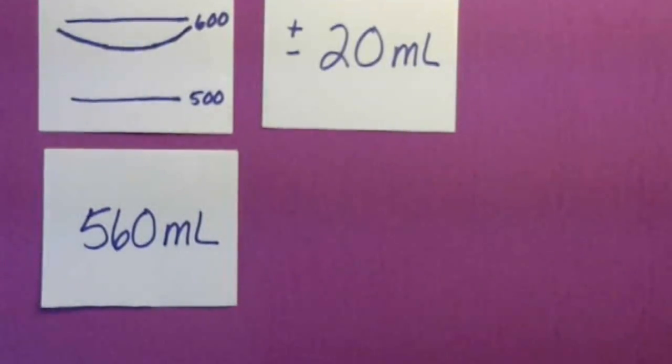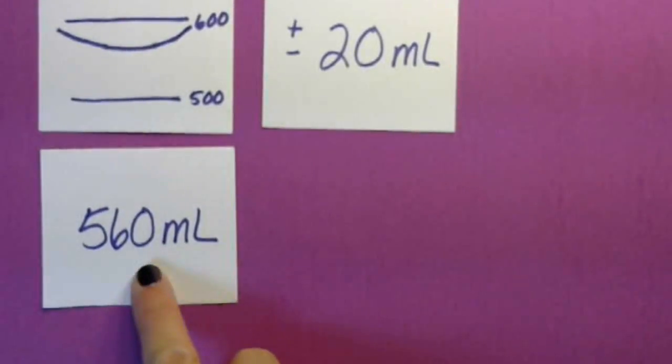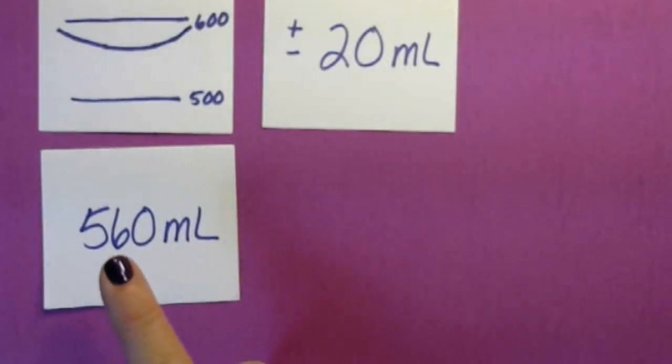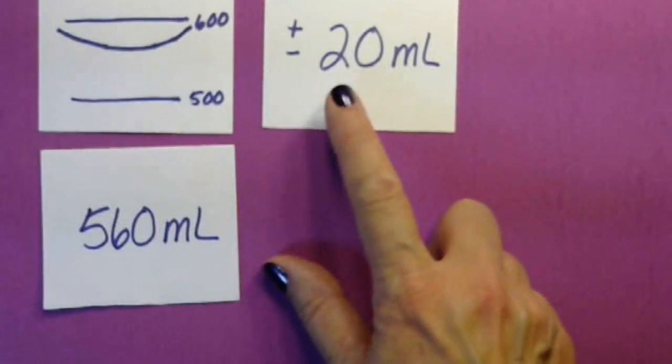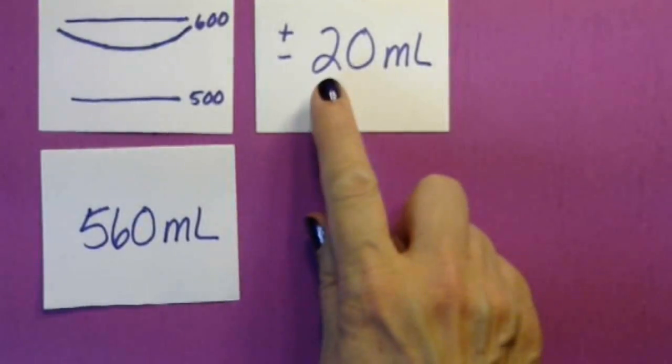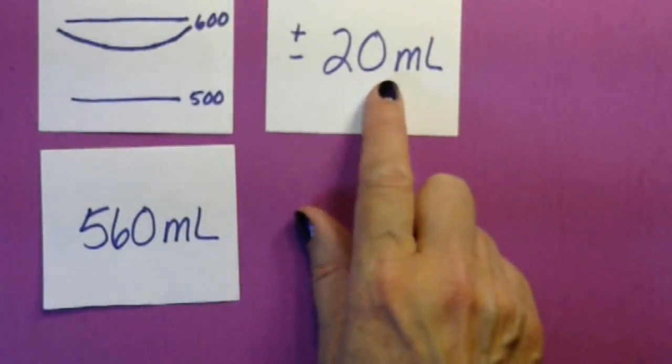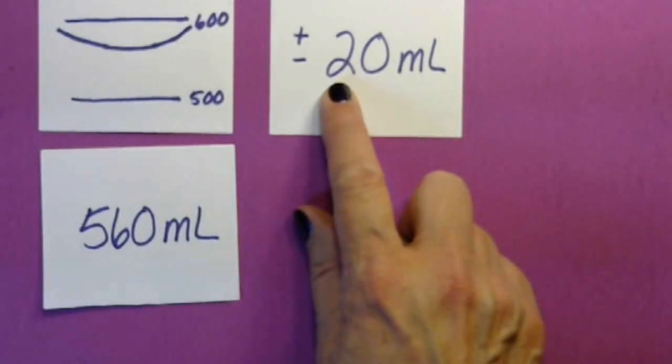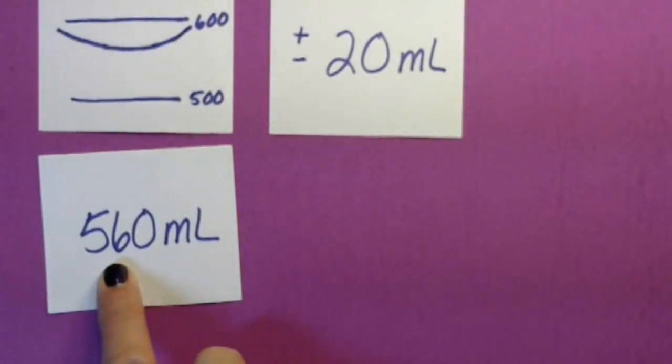So let's count significant figures. 1, 2, 3, oops, that's not correct. Significant figures has the name because all the figures that you count have to be significant. I can only read this to something in the tens place, something in this place.